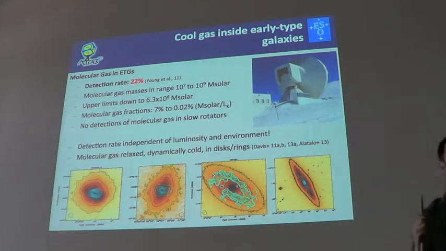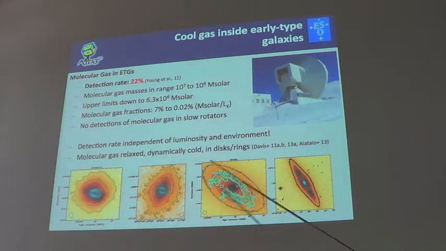Whereas the fast rotators have fast rotation, they've had dissipative pasts, and those are the ones where we can detect molecular gas. The detection rate for molecular gas is independent of both the luminosity of the galaxy itself and its environment. So you detect just as much molecular gas in early type galaxies in the Virgo cluster as you do in the field. The molecular gas is also relaxed, dynamically cold, and is often in disks and rings.